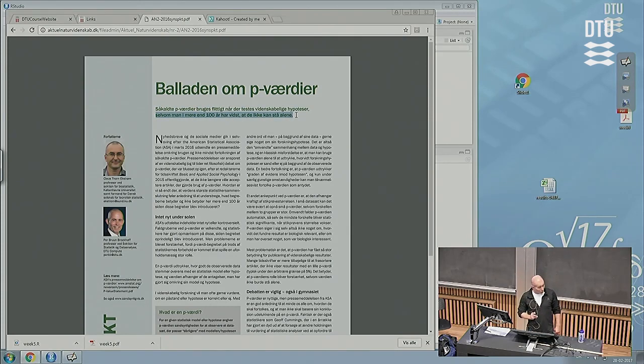But we agree about the message of the ASA. Of course, that's good. We've told that in our stats classes, and our ancestors told that 50 years ago. But maybe something has happened in the world. Maybe this has been misused a little bit out there. So it's good news that the ASA is helping us to make that point again. So if you're Danish speaking, you can read this little note.